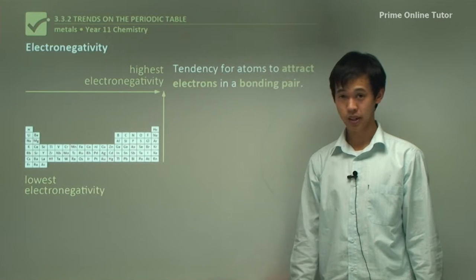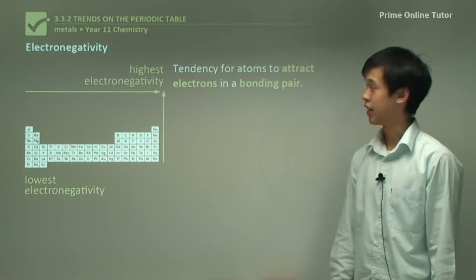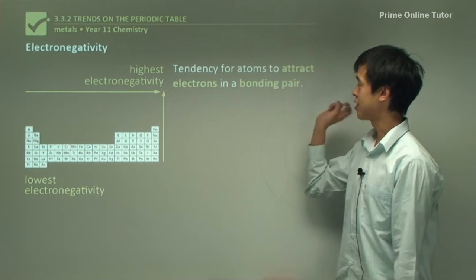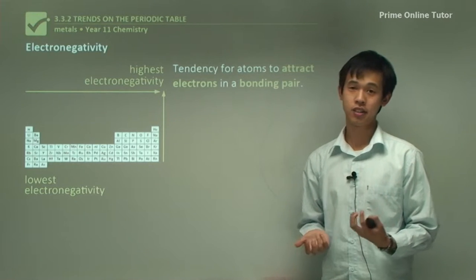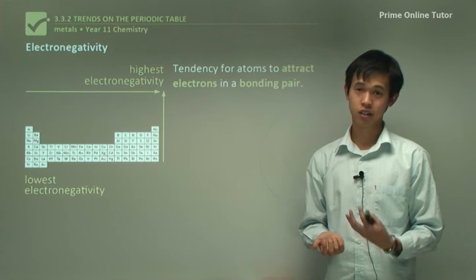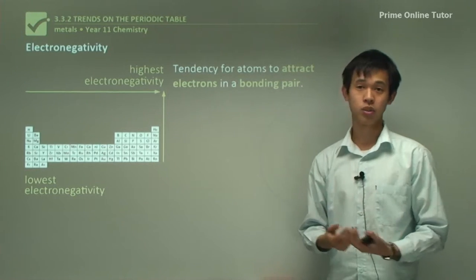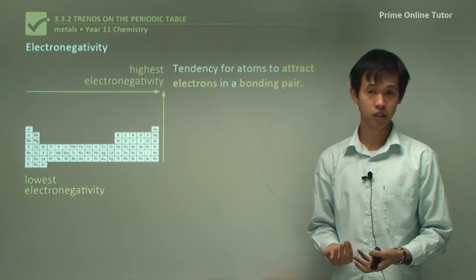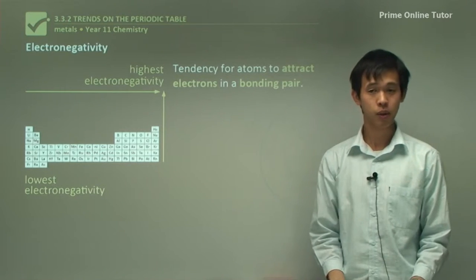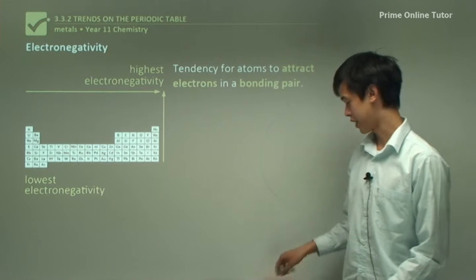So the next one we're going to talk about is electronegativity. Now what this is, it's the tendency for atoms to attract electrons in a bonding pair. So when we study water, we'll study why water is a polar molecule and why other things aren't polar molecules, and it's to do with this electronegativity.